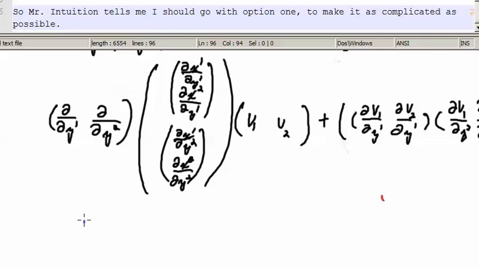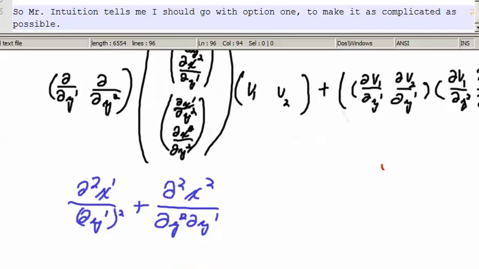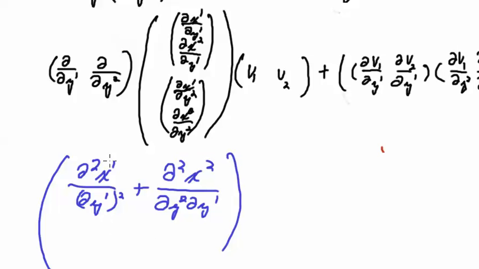Say del squared x1 del y1 squared plus del squared x2 del y1 del y2 del y1, and then the next thing will be using the lower part, so I can go ahead and slide that up or make that disappear.